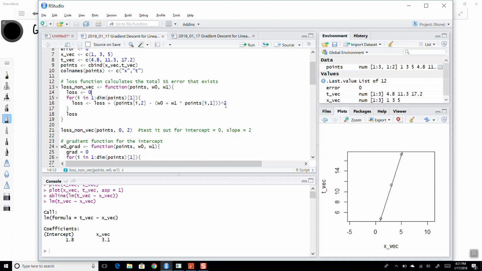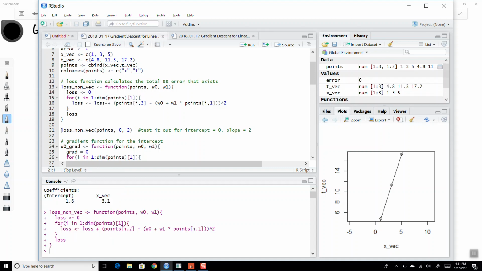So the loss function here is the total sum of squared error. It's not 1 over n, but as according to one of your homework problems, you'll see that the optimal solution for total sum of squares is the same as mean sum of squares, right? So here, the loss function calculates the total sum of squares.